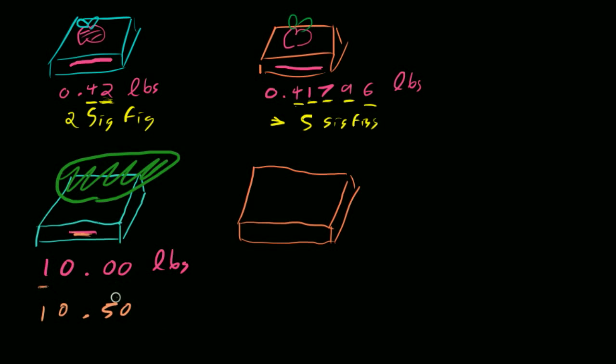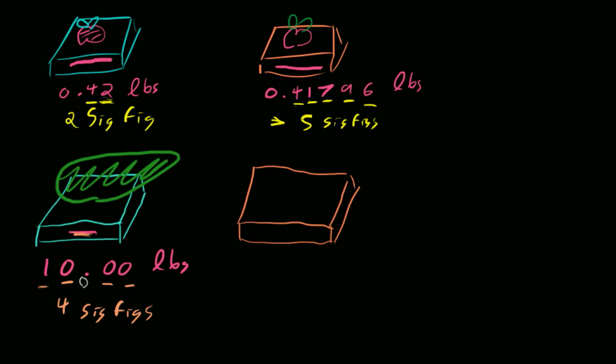It weighs exactly 10 pounds. It doesn't weigh 9.8 pounds. It weighs exactly 10 pounds. That might not be the best explanation in the world, but this is going to have 4 significant figures. It's going to have 4 sig figs.